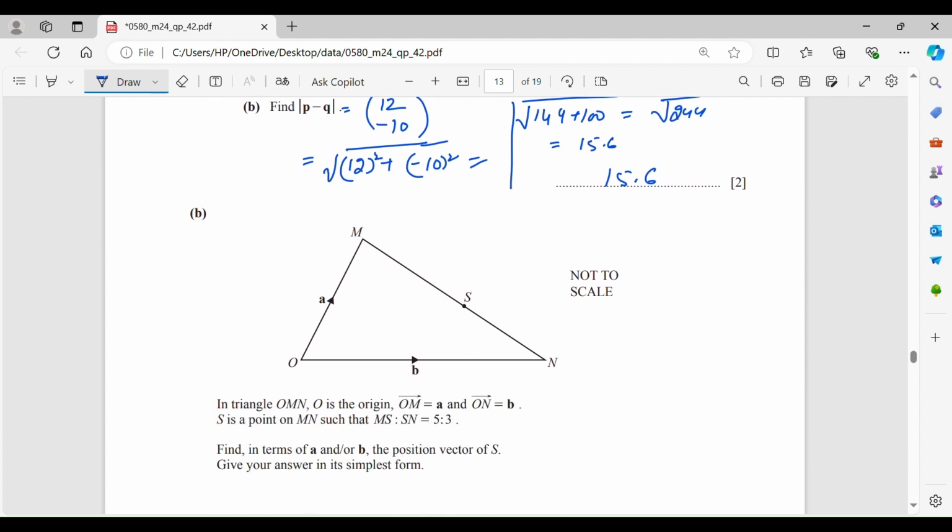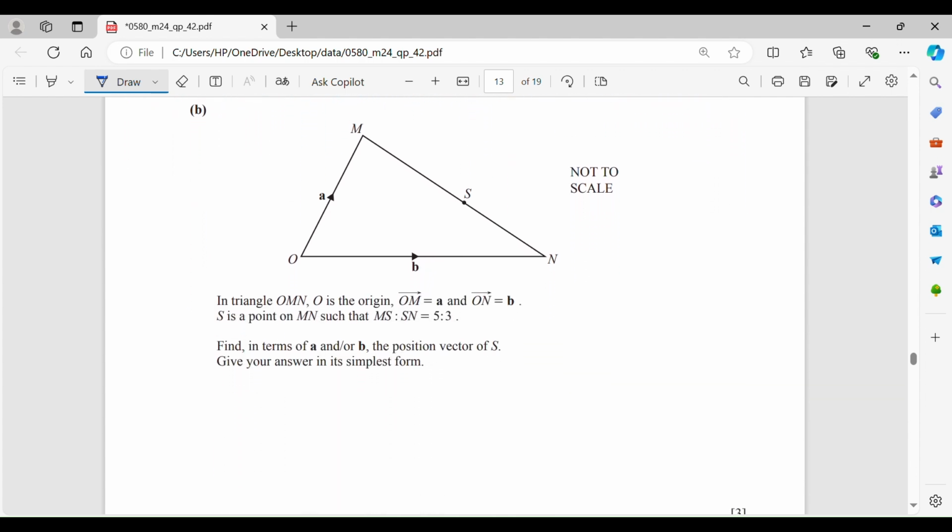Next, B part. In triangle OMN, O is the origin. OM vector is equal to A, ON vector is equal to B. S is a point on MN such that MS:SN is equal to 5:8.